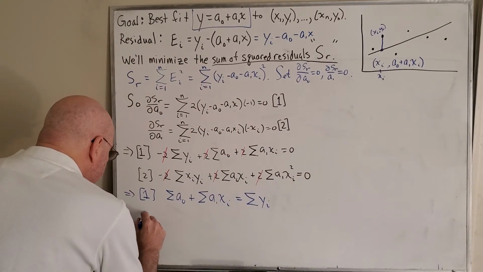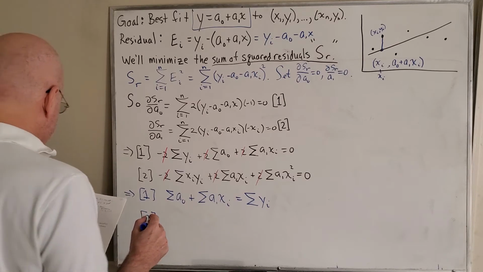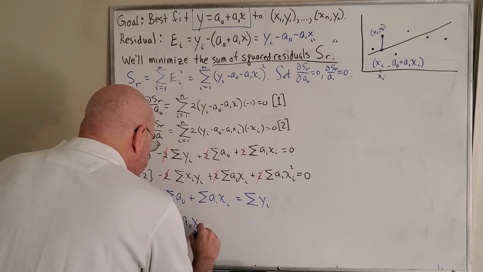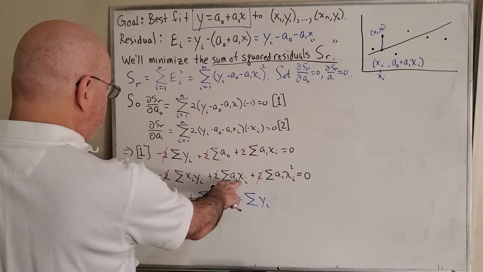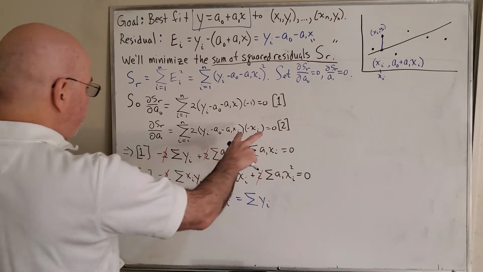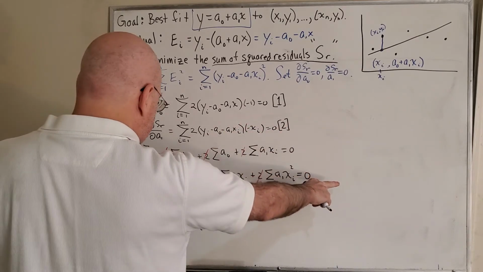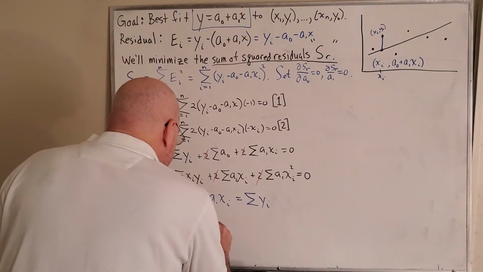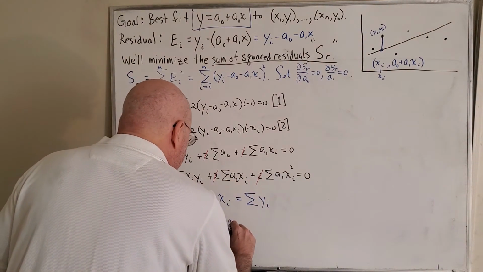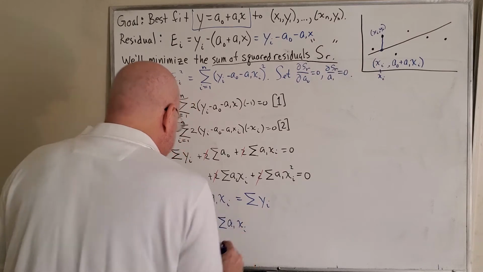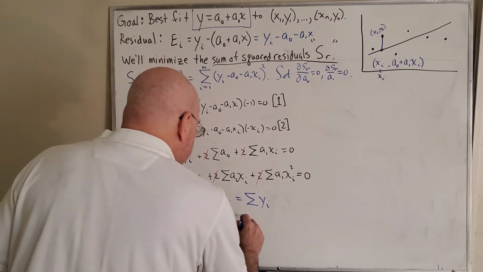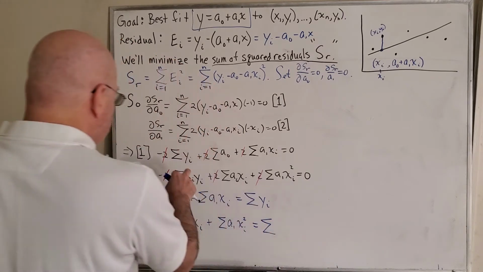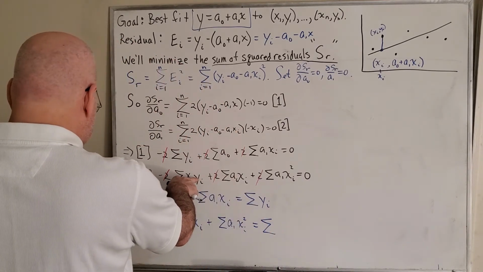And number 2, doing similarly, gives us that the sum of the A0 xi's, this term right here, we're putting this one on the other side. It's negative here, so we're adding it to the other side. Plus this term, plus the sum of the A1 xi squared, is equal to the sum of the xi yi's.